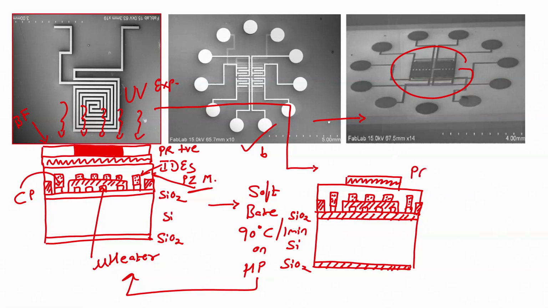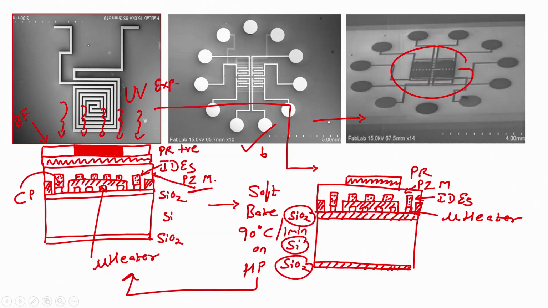So this is my photoresist, this is my piezoresistive material, right, this one. Then this one is the interdigitated electrodes, then this one is the micro heater, this we already know, SiO2, silicon, SiO2, right.